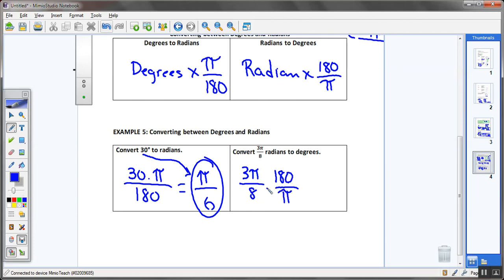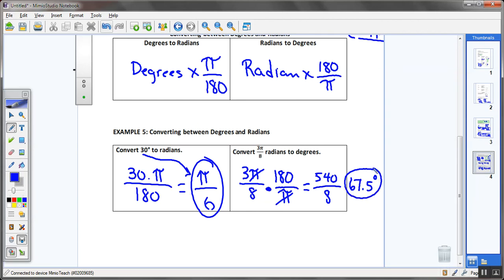Now I love this right here because what does the pi value up top do to the pi value on the bottom here? It cancels. So what we end up doing is taking 3 times what up top? 180. Which is 540. What's still on the bottom, kids? 8. Somebody run 540 and divide that by 8 for me, please. 67.5 degrees. 3 pi over 8 radians is equivalent to how many degrees? 67.5.